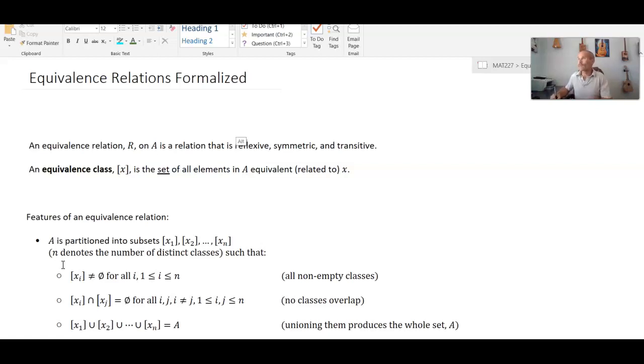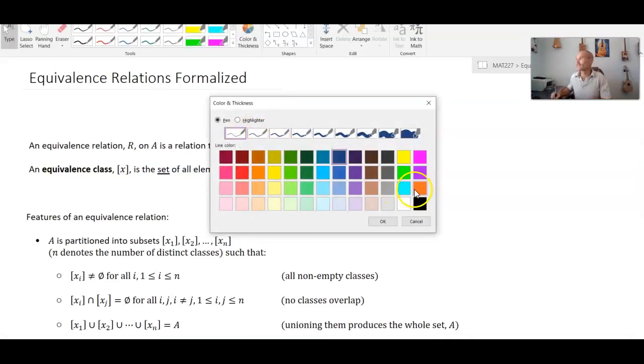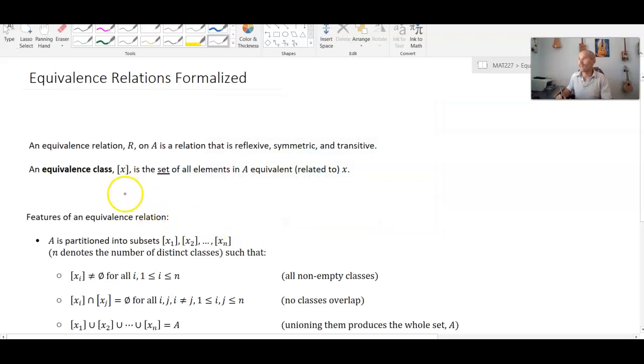The way we've written that before is as follows. We've basically said that [x] is going to equal the set of all other elements y, or potentially x can be related to itself, such that the ordered pair (x, y) is an element of that relation.